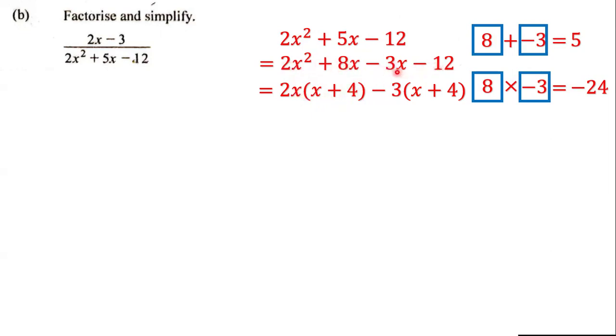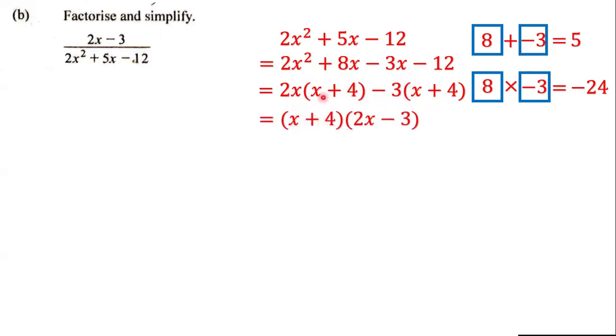With these two terms, we factor out a negative 3. When we do, we are left with x plus 4, because negative 3 times x is negative 3x, and negative 3 multiplied by positive 4 is negative 12. Notice that x plus 4 is a factor of this term and also of this term, so x plus 4 is a common factor, and we can factor it out.